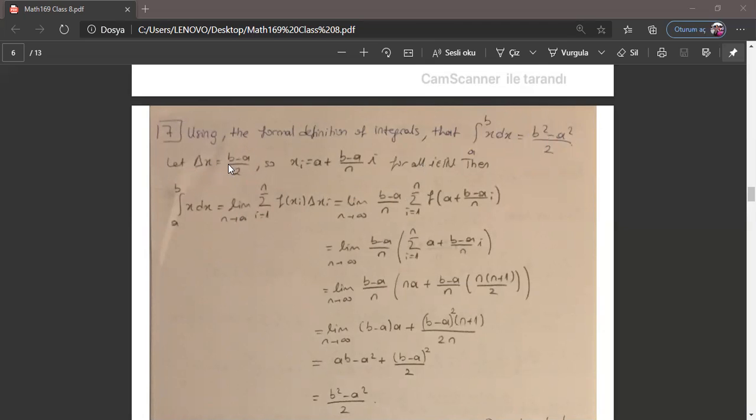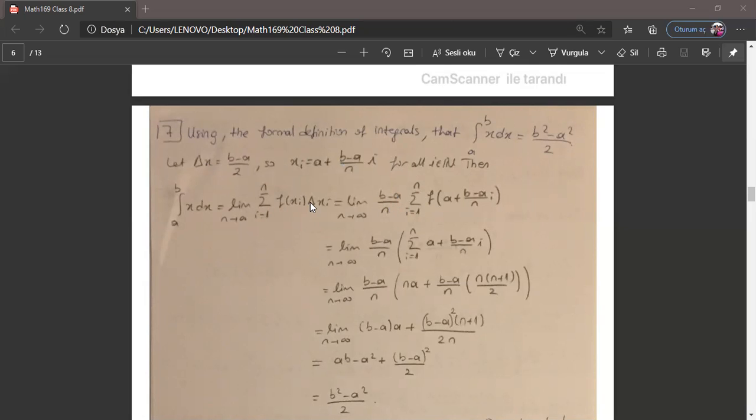So each subinterval should be of length this, okay, and we write x_i like this because the interval starts with a, that's why we write a plus and so on, okay. We know delta x is this, so we multiply i by this distance. Now, what do we have? We have the formal definition. We write delta x outside of the sum, b minus a over n.